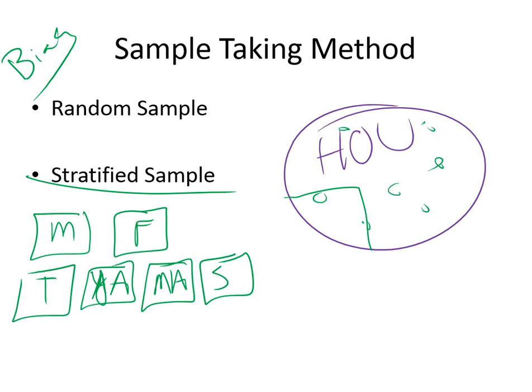And what it does with a stratified sampling is you go, okay, I want to have an equal proportion for each one of these. So for male and female, you can go, okay, I want a 50-50 split. I want 50% male, 50% female. Okay. I want 25% teenage, 25% young adult, 25% middle-aged, 25% senior.